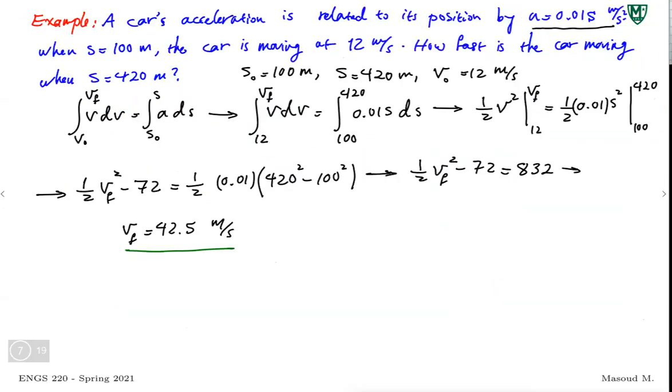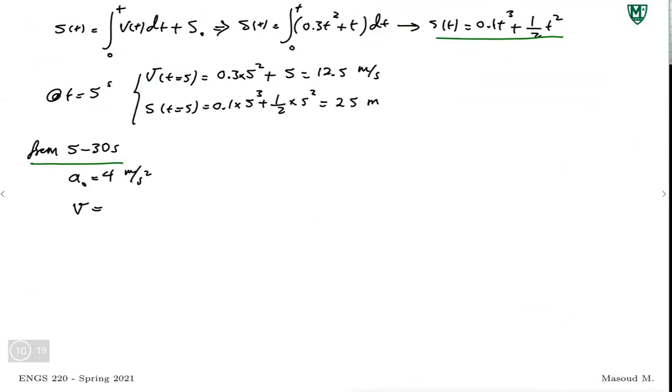So let's just plug in everything. I'm not going to calculate velocity, it's not really asked. So s becomes 1 over 2 a naught (t minus t naught) squared plus v naught (t minus t naught) plus s naught.